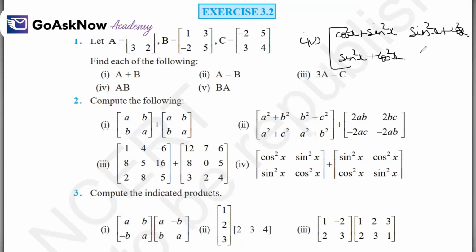And the fourth one is cos square x plus sin square x. So you know the identity that cos square x plus sin square x is 1. So each element is coming out to be equal to 1, 1, 1. Okay. So that is the final answer of this. I hope that you can do the rest, because these are very simple questions in this exercise.